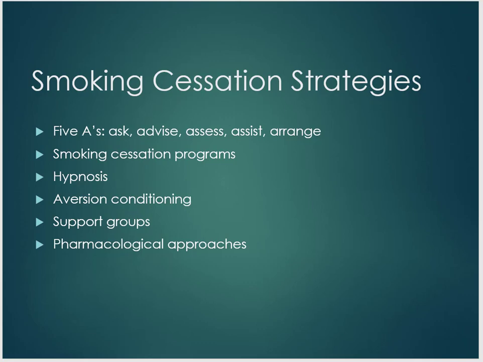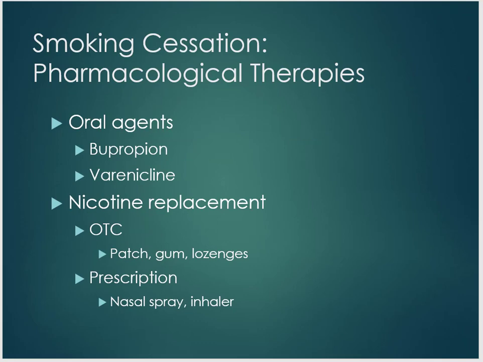There's a lot of resources online that I will include on that web document. There's hypnosis, aversion conditioning, support groups, and then, of course, pharmacological approaches. And those include taking oral agents such as bupropion, Effexor, nicotine replacement, and that can be over the counter, such as patches, gums, lozenges, and then there's prescription nicotine replacements that are nasal sprays and inhalers.